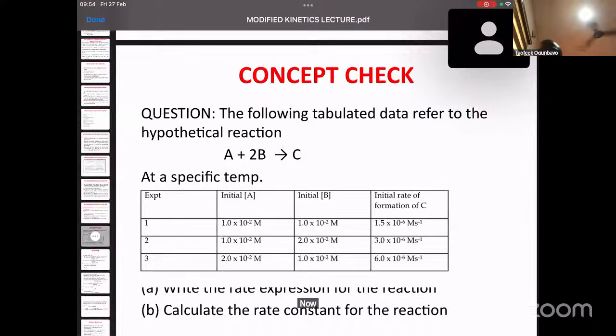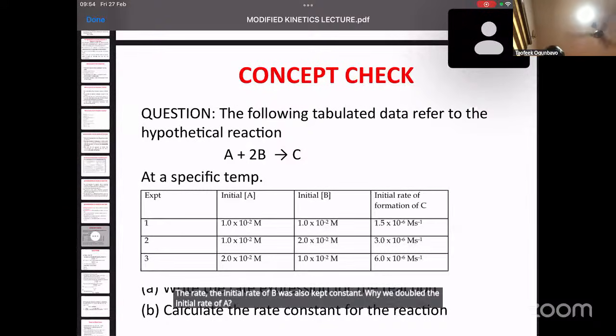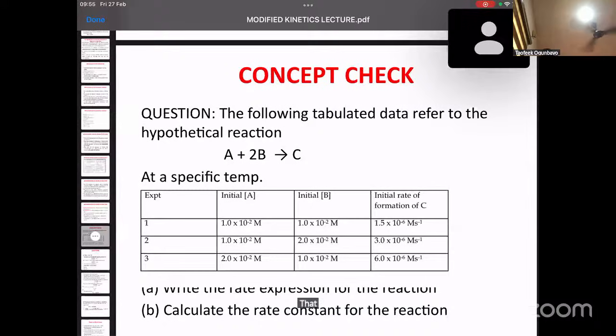Now, if you look at experiments 1 and 3, the concentration of B was kept constant, while we doubled the concentration of A. We realize that the rate changes from 1.5 to 6.0. That means for B, when you double the concentration, the rate also doubles. When you double the concentration of A, the rate quadruples. That is how to determine the order of reaction.